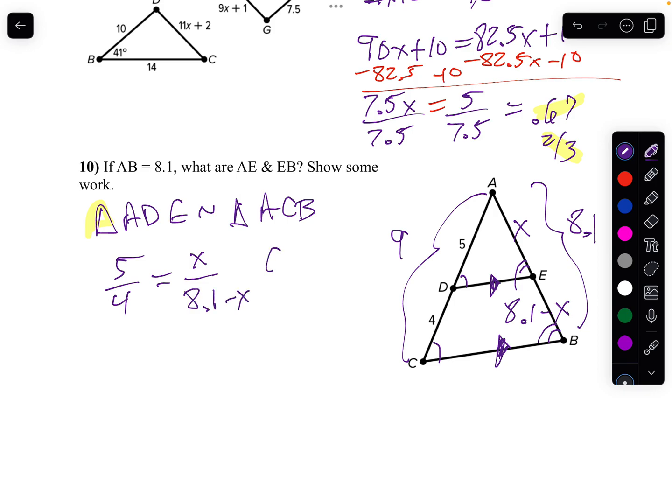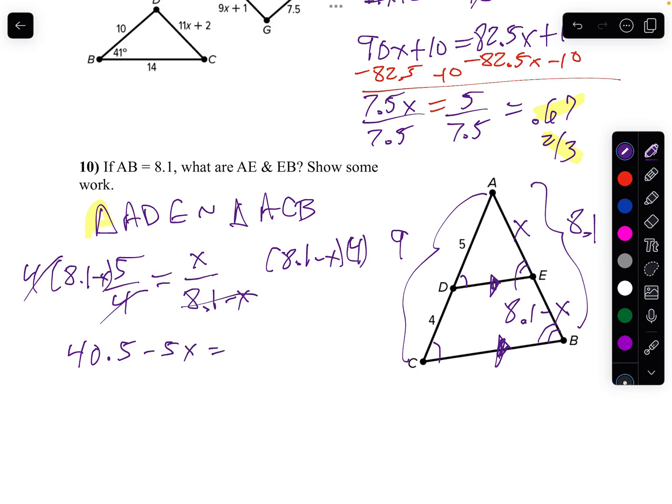So to solve for that proportion, I'll multiply both sides by my denominators. So I don't have any, I'm going to clear my fractions. Notice my 4 is reduced, so I take 5 times 8.1. I get 40.5 minus 5x.